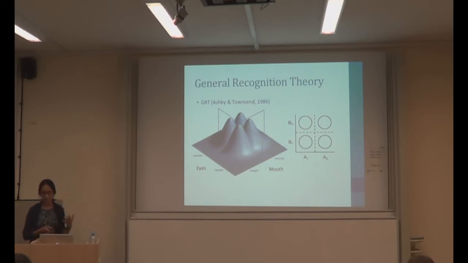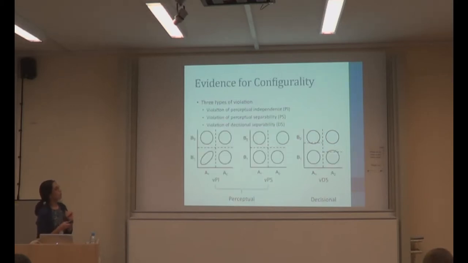Dimensional interactions in these multi-dimensional stimuli can be characterised as either perceptual or decisional factors, but instead of signal detection theory where there are only 2 measures, in this instance there are 3. So there are 3 types of violation in general recognition theory. The first is a violation of perceptual independence, where a correlation exists in a bivariate distribution.